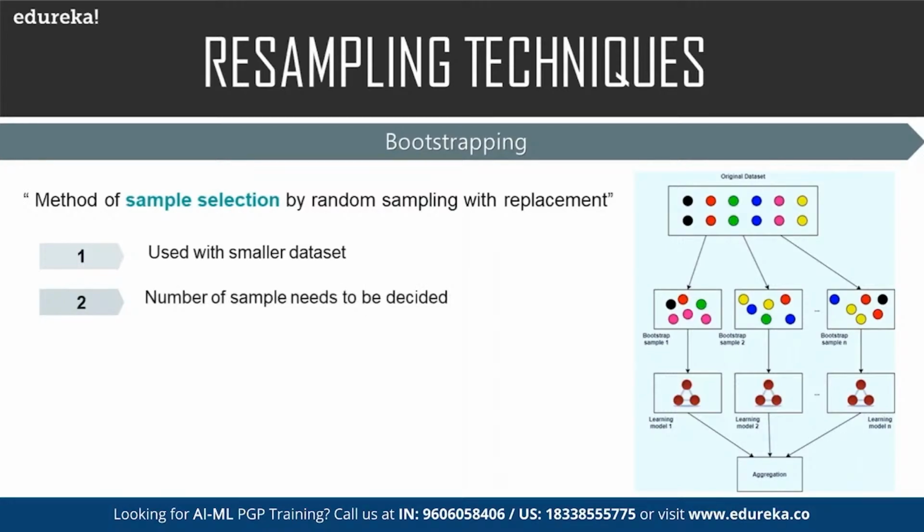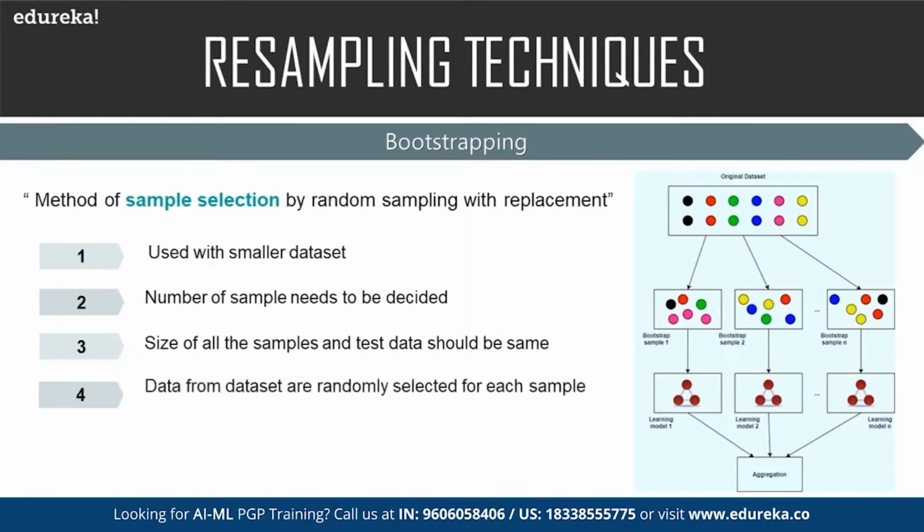We usually use it when we have smaller data sets. The number of samples needed can also be decided with its help, and the size of all samples and the test data should be the same when we opt for the bootstrapping technique.